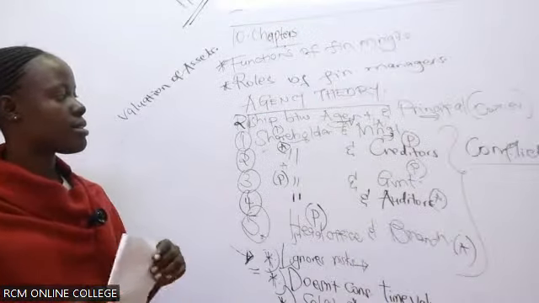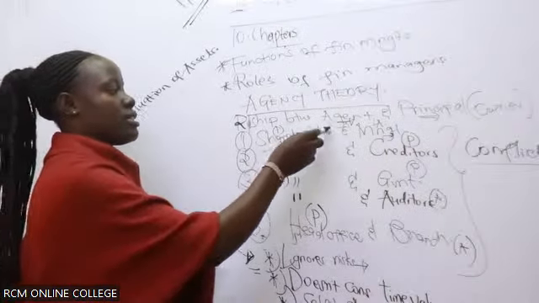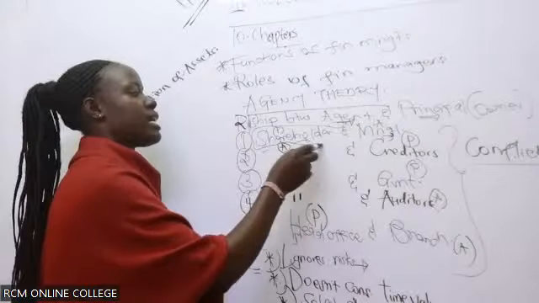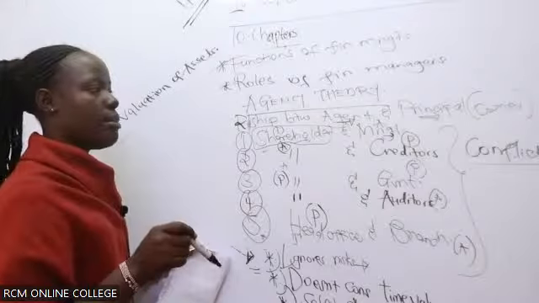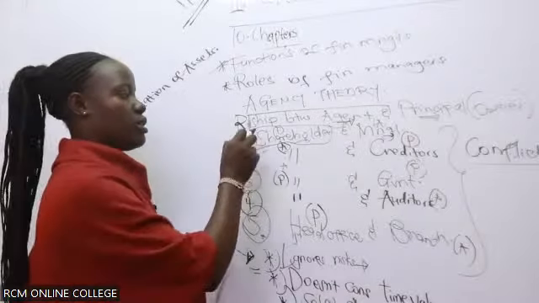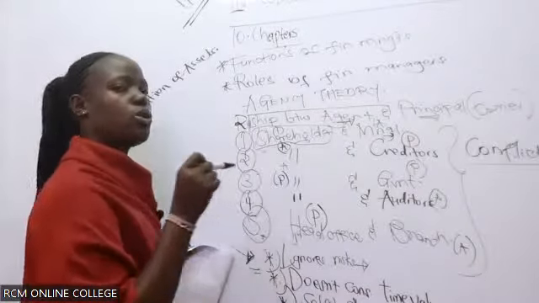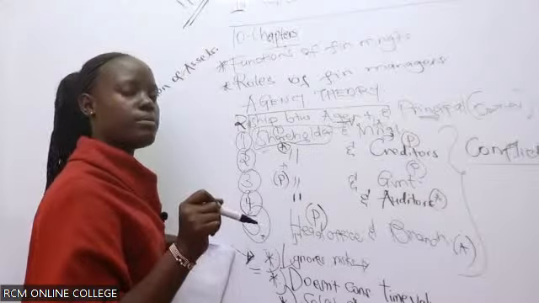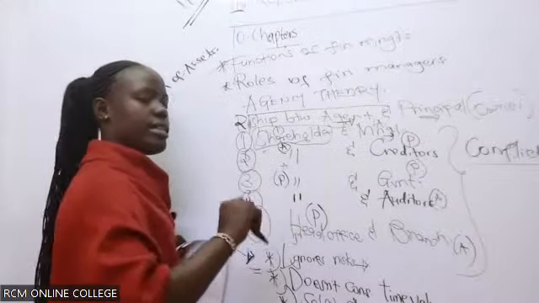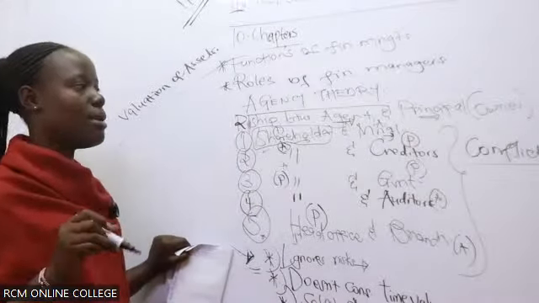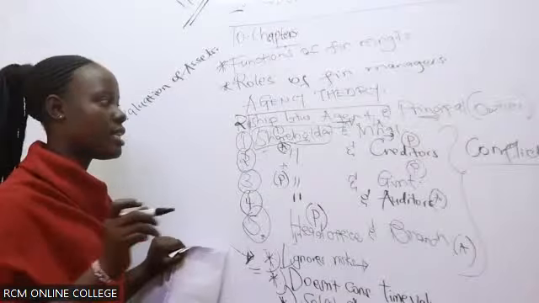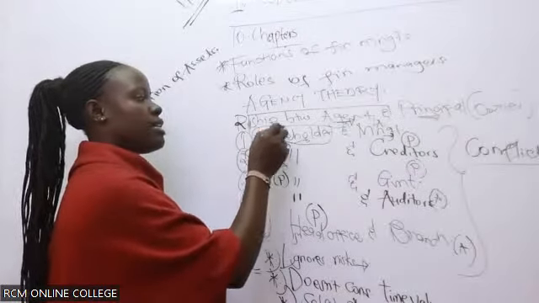You might be asked that shareholders are basically the owners of the firm, but why are they not allowed or given the rights to manage these firms? Shareholders are the owners of the firm, but they are not given the chance to manage these firms.